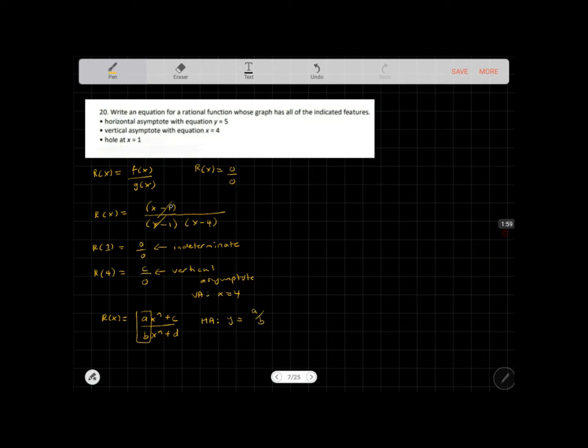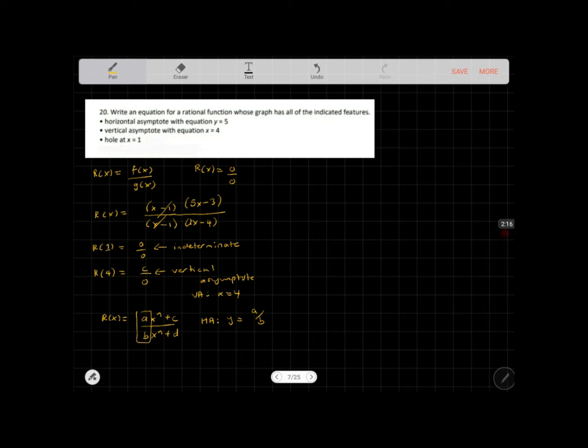So in this sense, I'm going to put down any kind of coefficient on any kind of expression with a power of 1, so a linear expression, 5x, with a coefficient of 5, because 5 divided by 1 will give us the horizontal asymptote, and I'm just going to put any number.